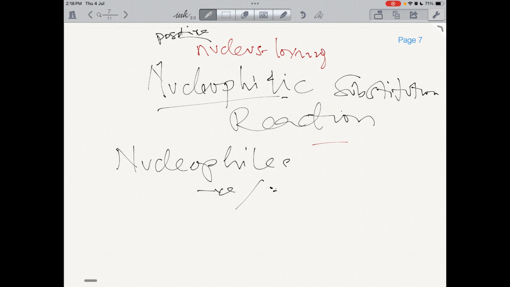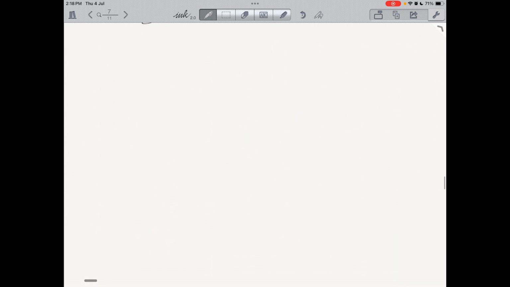So you have nucleophiles such as hydroxide ion, chloride ion, bromide ion. The water molecule is a nucleophile because it has lone pairs of electrons, and ammonia is also a nucleophile. Please keep these examples in mind.